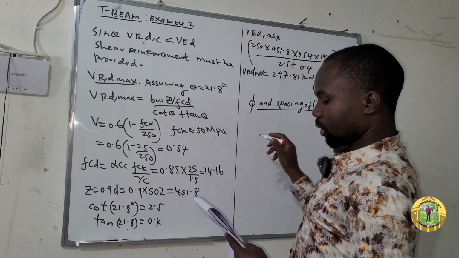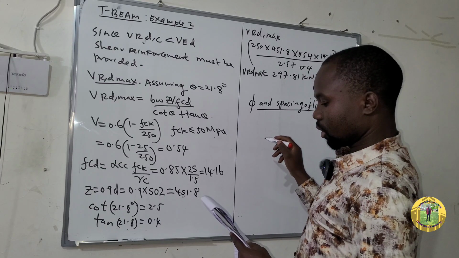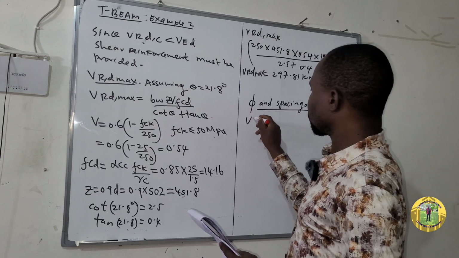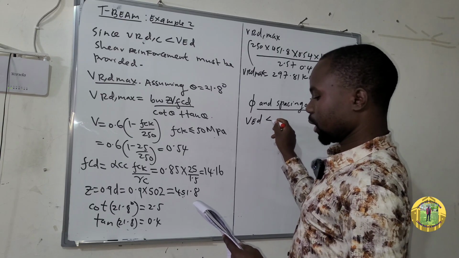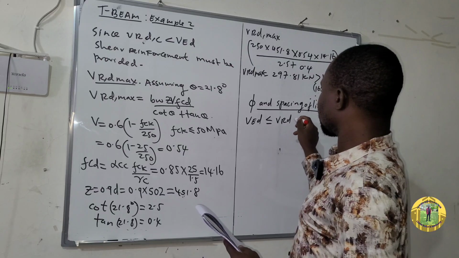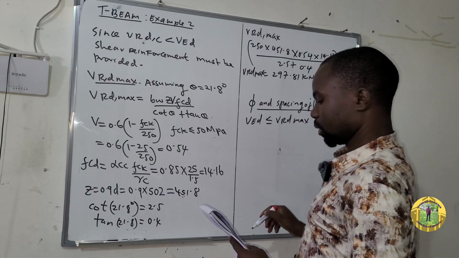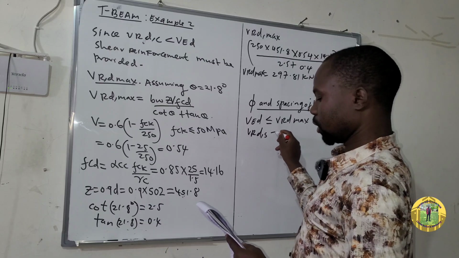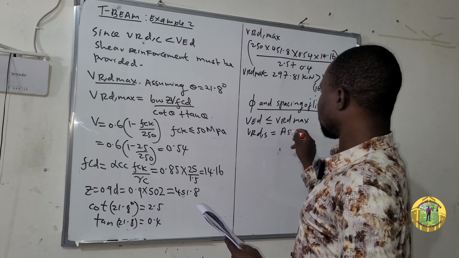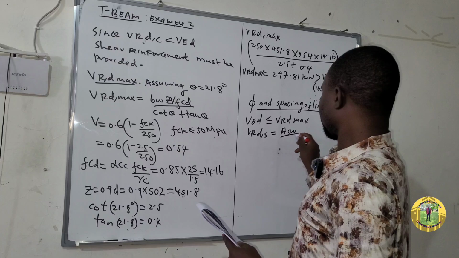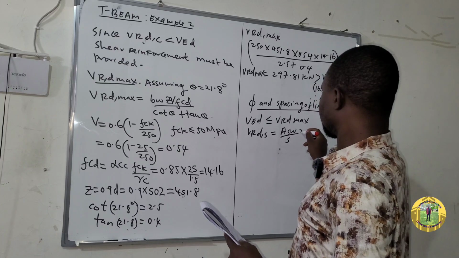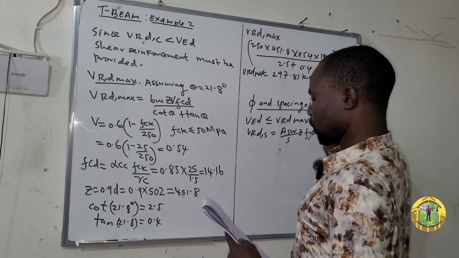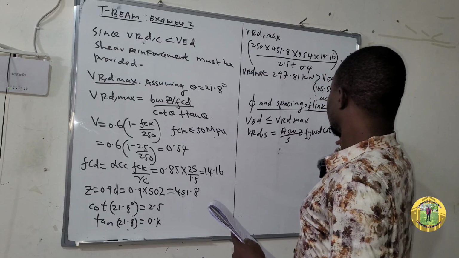So VED must be less or equal to VRD max, and VRDS is equal to ASW over S, Z, FYWD, cot theta.